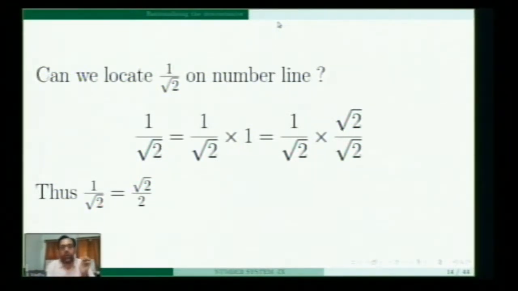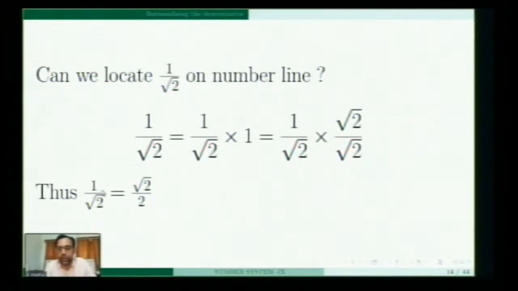Okay, now while looking here, there is one interesting feature. In the starting, the denominator was an irrational number, but on the right hand side, it is equal to root 2 by 2, where the denominator is a rational number. That is our key step.